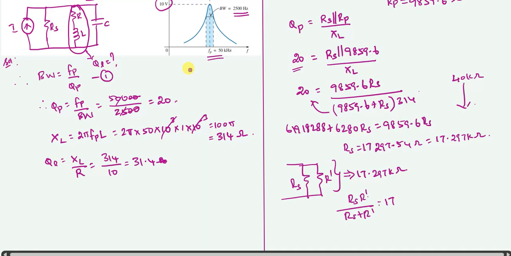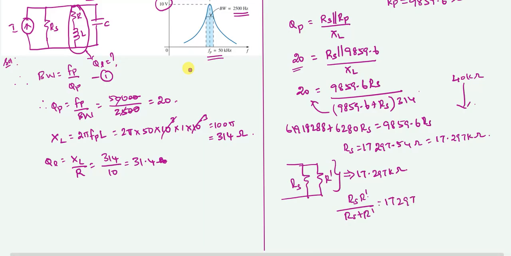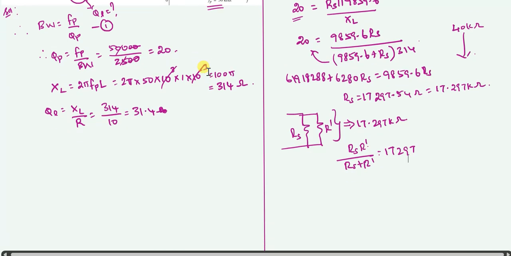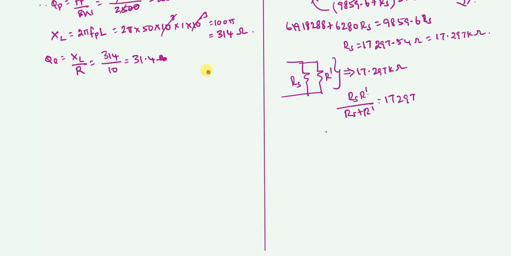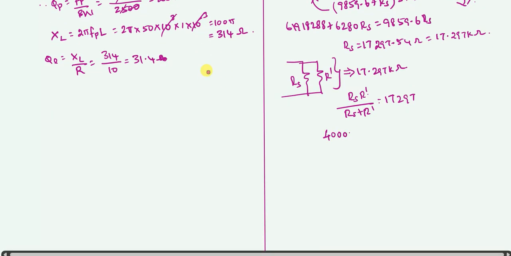The value of this should be equal to 17297. And we know that the value of RS is equal to 40,000, 40 kilo ohm. I need the value of R dash. Therefore 40,000 R dash divided by 40,000 plus R dash is equal to 17,297.